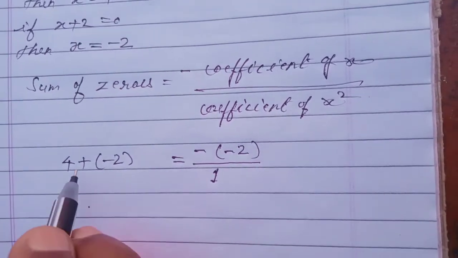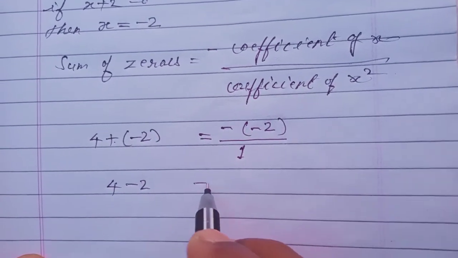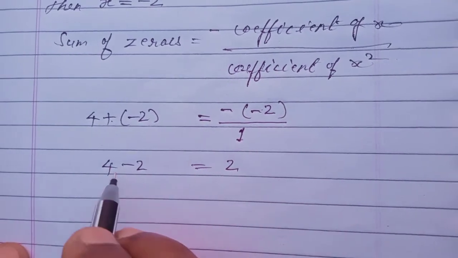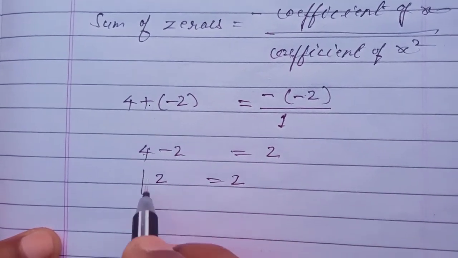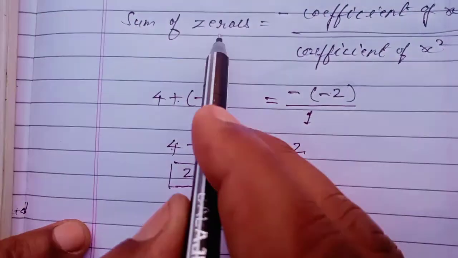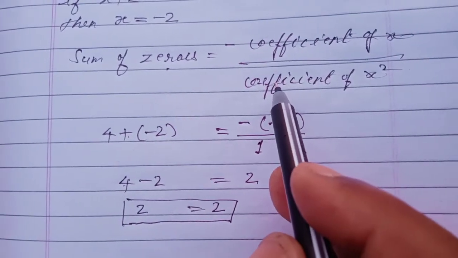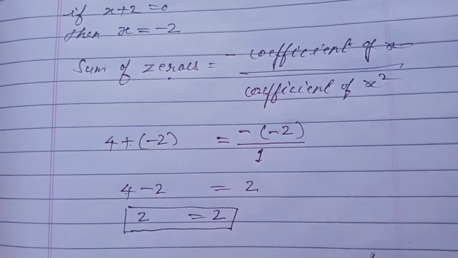So this can be written as minus multiply minus, plus 2. 4 minus 2 is equal to 2 and here 2. So this verifies that the sum of zeros is equal to minus coefficient of x upon coefficient of x square, or alpha plus beta is equal to minus b upon a.